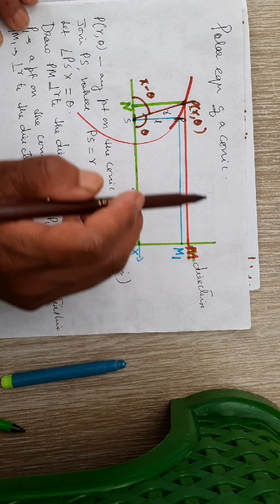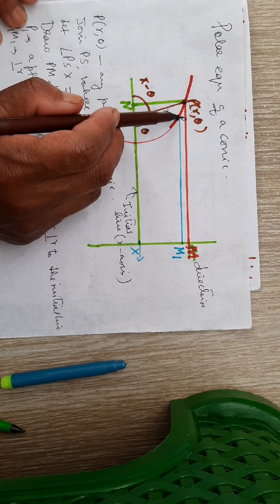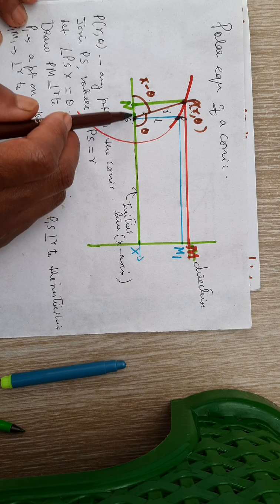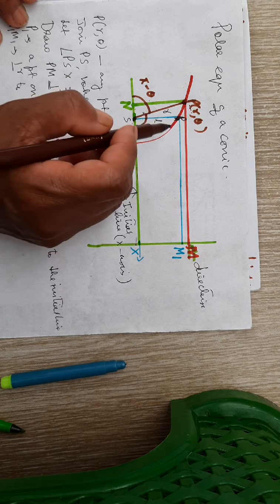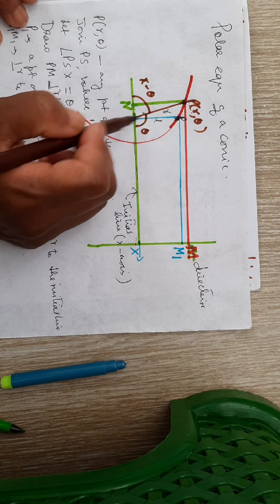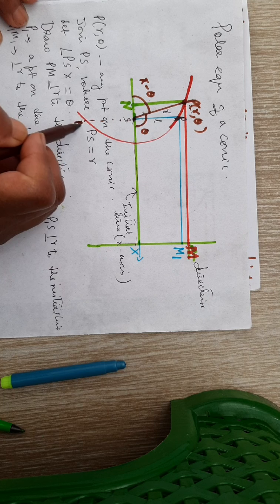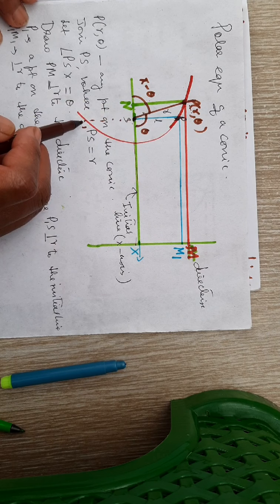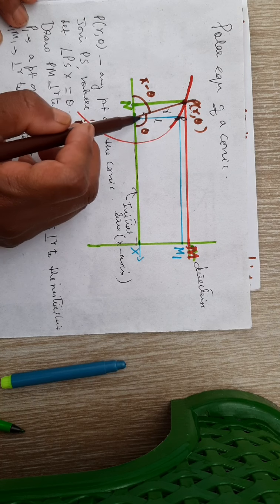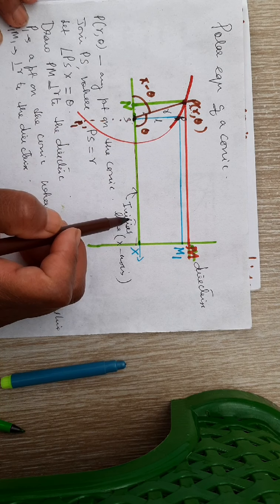Next, take P1 to be another point on the conic where P1S is perpendicular to the initial line. If I extend it to P1 prime, then P1 P1 prime will be called the latus rectum, because it is a focal chord which is perpendicular to the x-axis or the initial line.